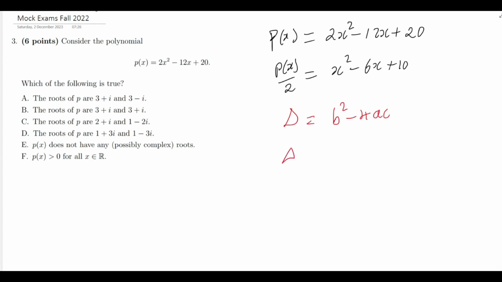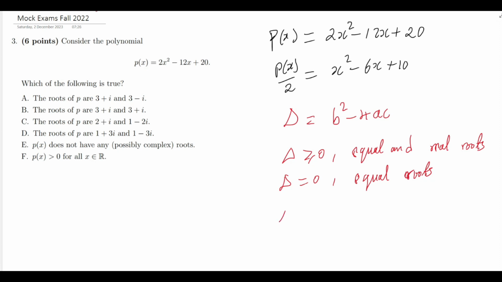If the discriminant is greater than 0, we have real roots. If the discriminant is equal to 0, we have equal roots. If the discriminant is less than 0, then we have complex roots. Now, how can we verify?